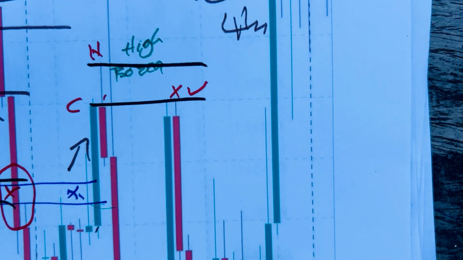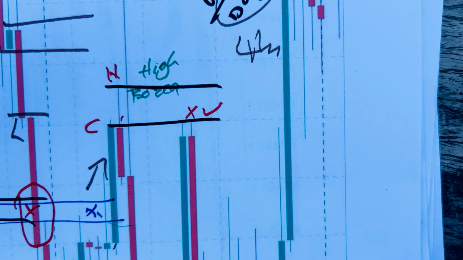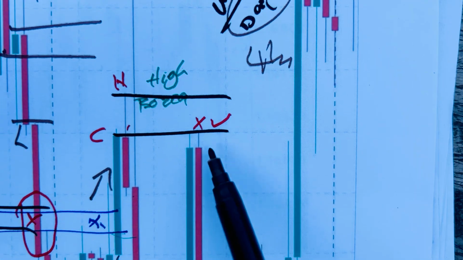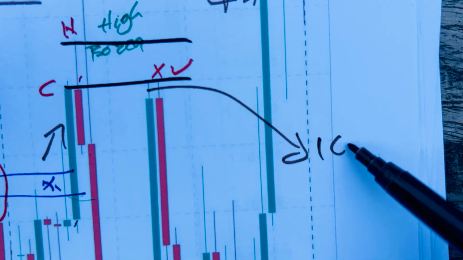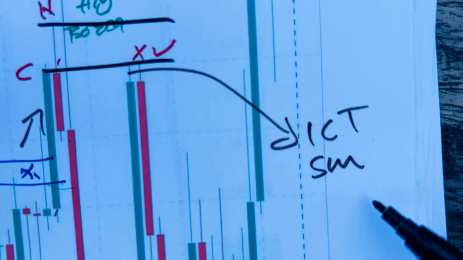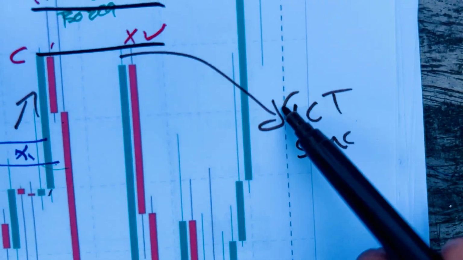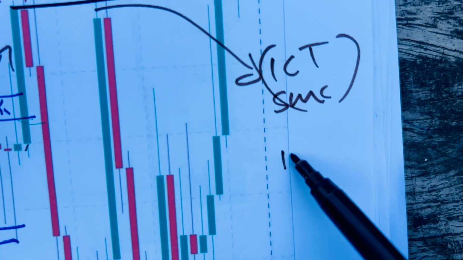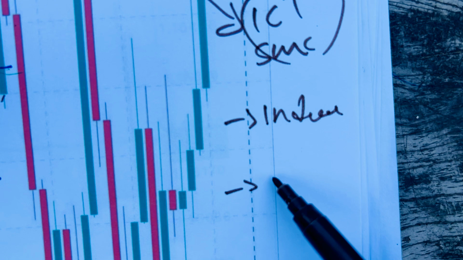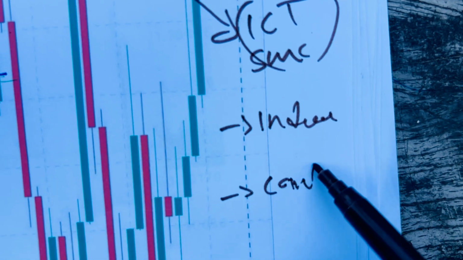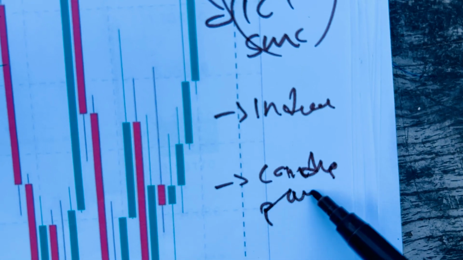I want you to know and understand exactly what you need to do, how we trade this financial market. Here, you now can apply your ICT, SMC. You can apply the indicators. You can apply the candlestick pattern.